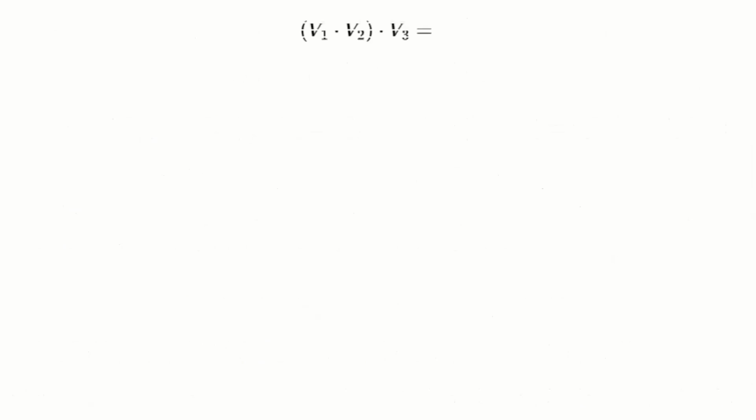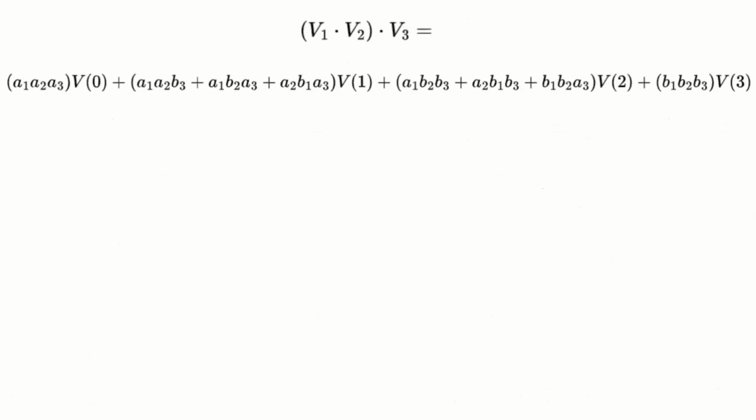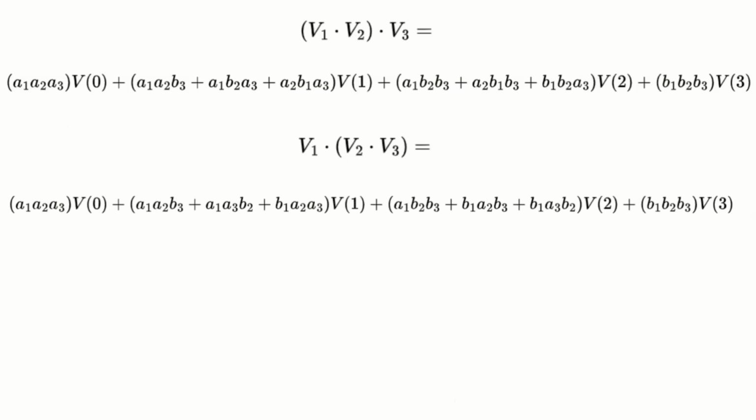Now let's compare the two expressions. On one side we have the product of v1 and v2, then multiplied by v3. On the other side we have v1 multiplied by the product of v2 and v3. And guess what? They're exactly the same.